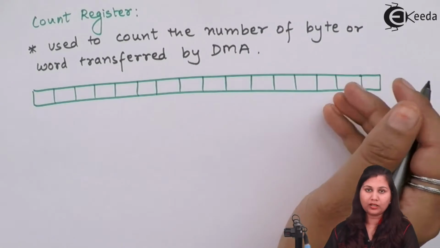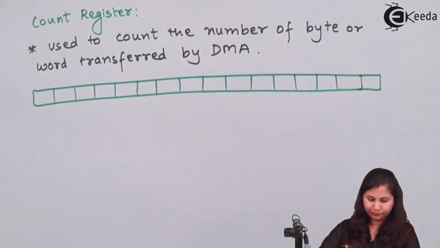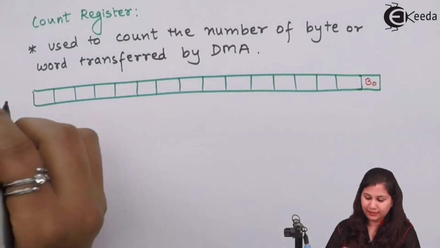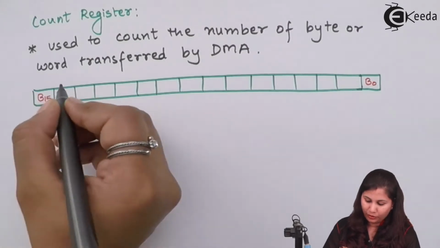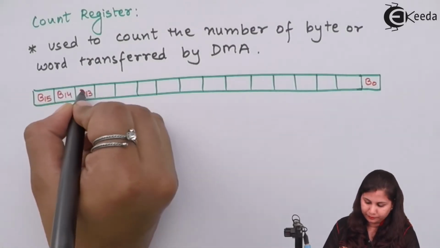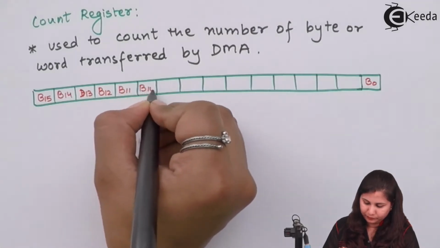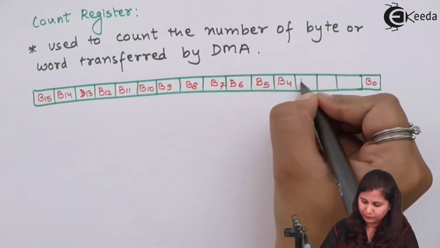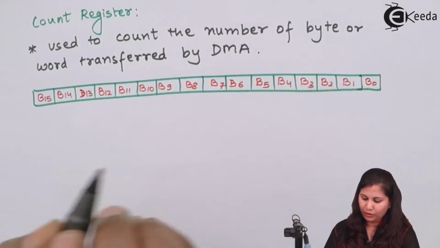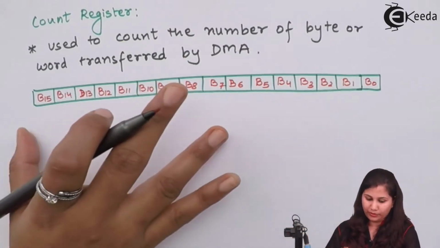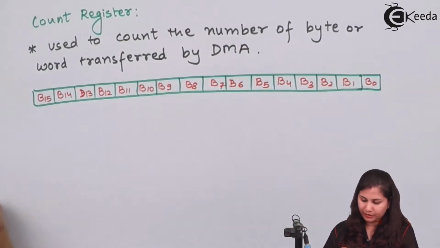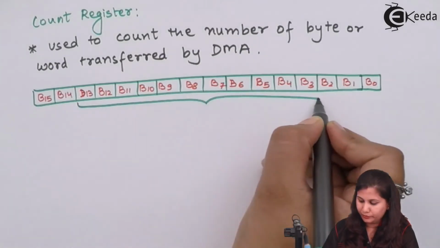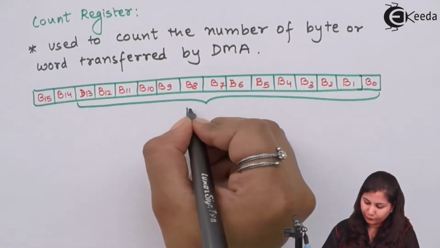Starting from the LSB, we have bit number 0, and then we have the MSB as bit number 15. So these are the 16 bits of the count register. In these 16 bits, we have the 14-bit count from bit number 0 to bit number 13. This is a 14-bit count.